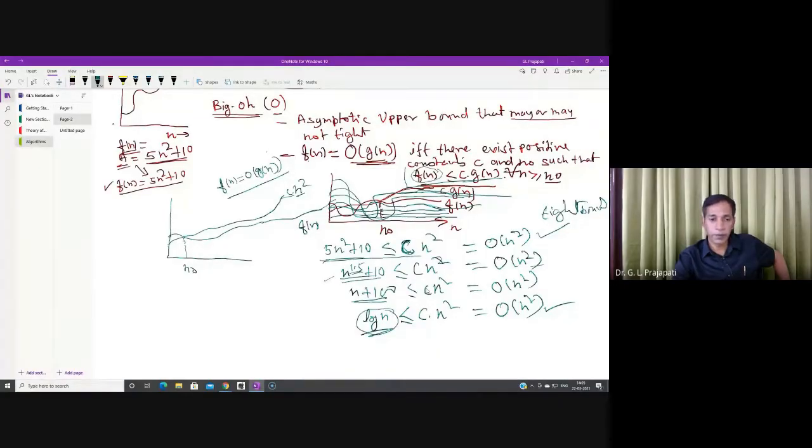So whenever you say it like this, you are mentioning an upper bound of n square, but the actual upper bound is this. Since the rate of growth of this is a polynomial of degree 1, but you are representing it with big O of n square, n square is the upper bound, but actually it is linear in nature.